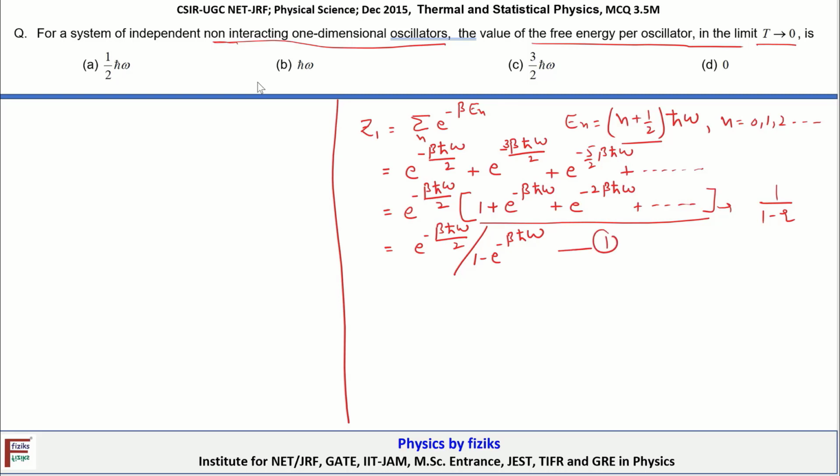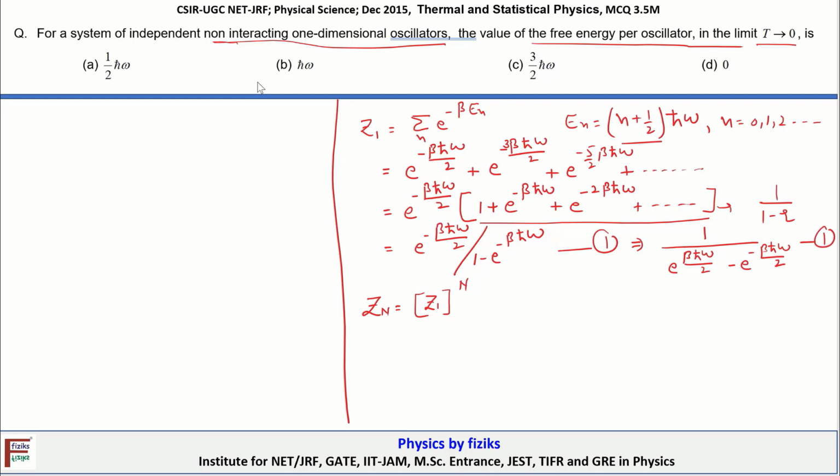Okay, so from here we can immediately determine the partition function for n such one-dimensional independent oscillators, and that is equal to Z1 power n. We can even solve this equation further. So this Z1 is equal to, we will take exponential minus beta h cut omega by 2 in the denominator, and this is equal to 1 upon exponential beta h cut omega by 2 minus exponential minus beta h cut omega by 2.